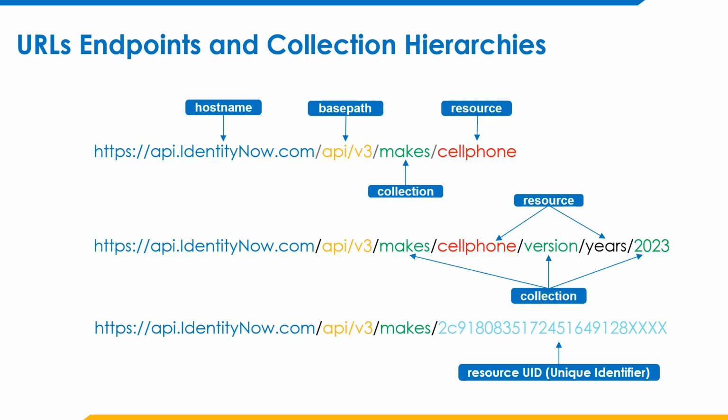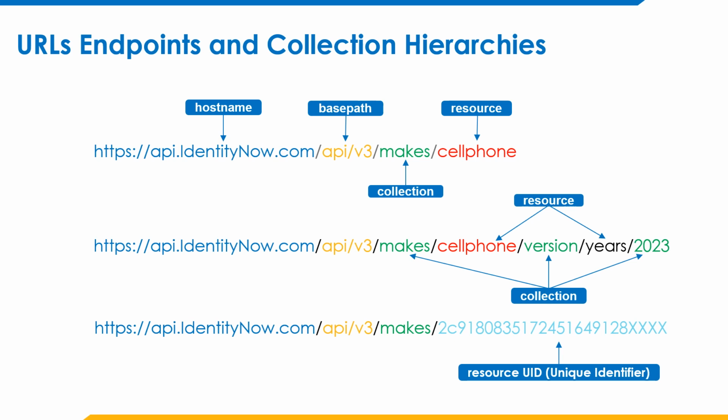Collection describes a collection of resources, and it is a descriptive name for every resource that exists within it. Resource describes very specific data that we are trying to access. By using the resource ID, we can access the exact resource data.